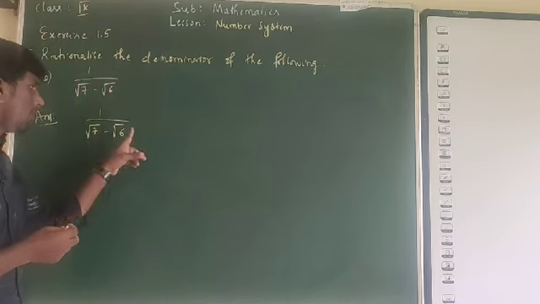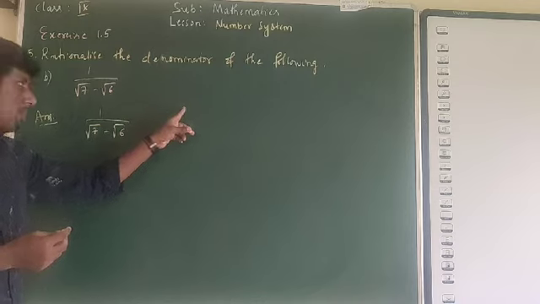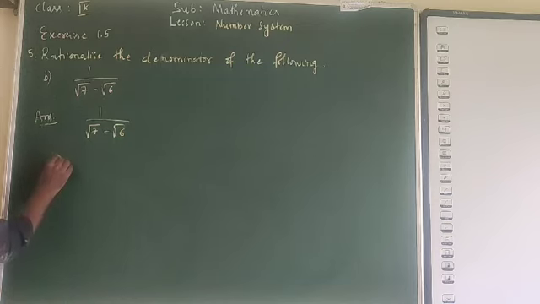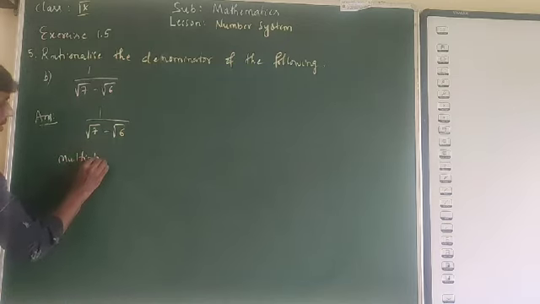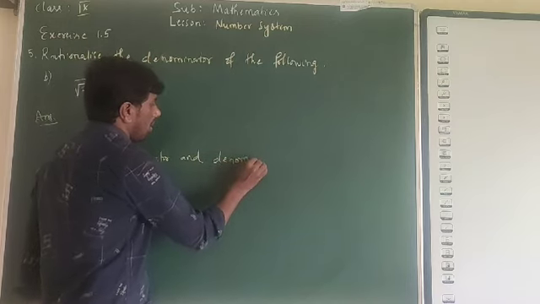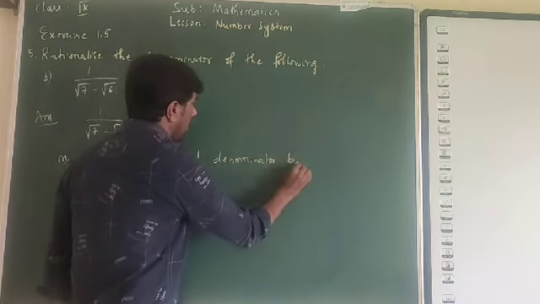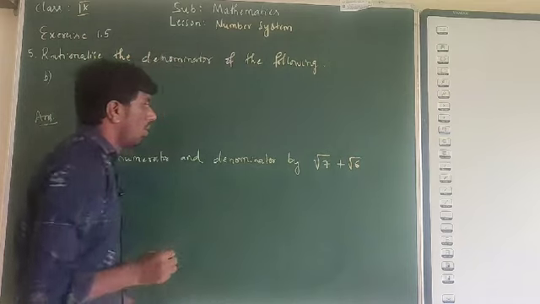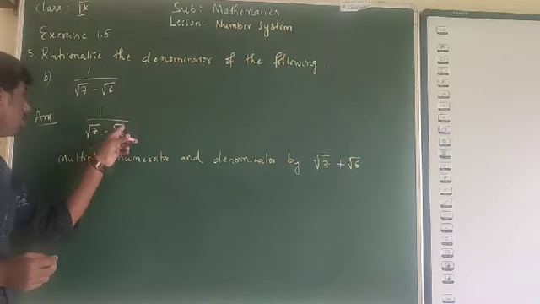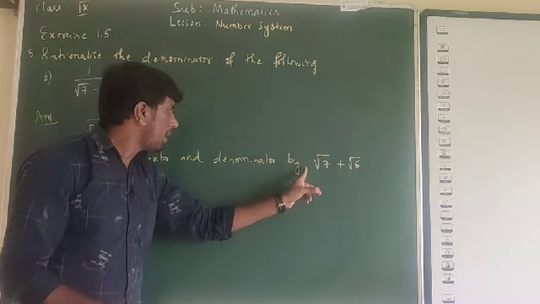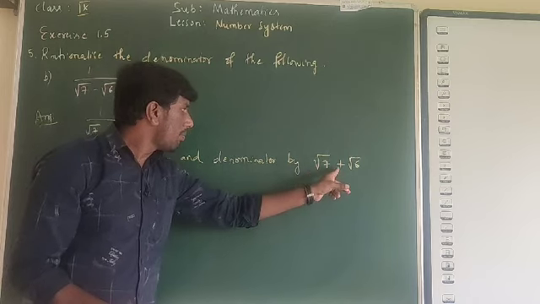Here they have given negative, so multiply numerator and denominator by root 7 plus root 6. Why plus? Since they have given minus here in the question. So in order to rationalize the denominator, I should multiply numerator and denominator by root 7 plus root 6.